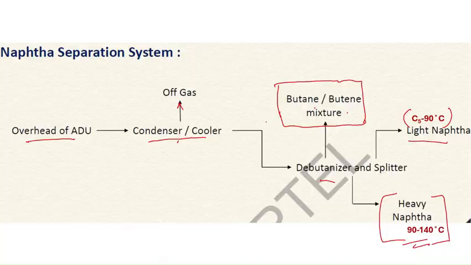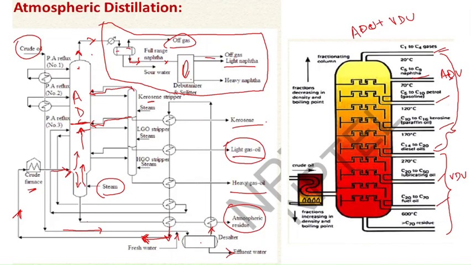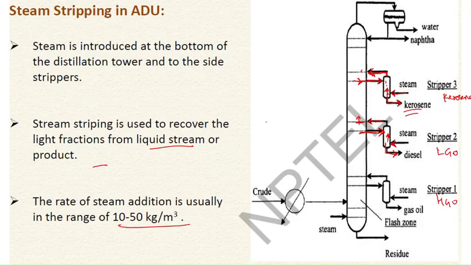Reflux is basically giving back. Suppose this is the lighter portion going up; it is basically a mixture of gas and vapor. We pass it through a condenser, where cooling takes place.